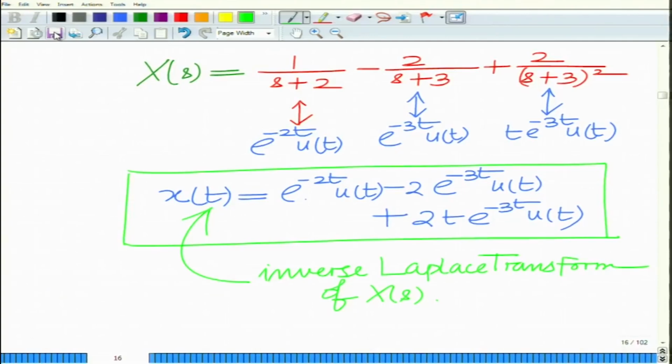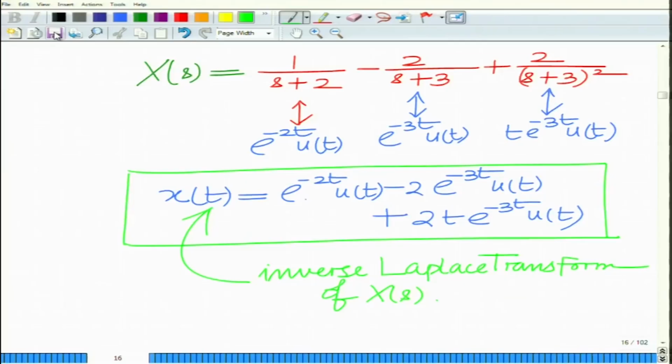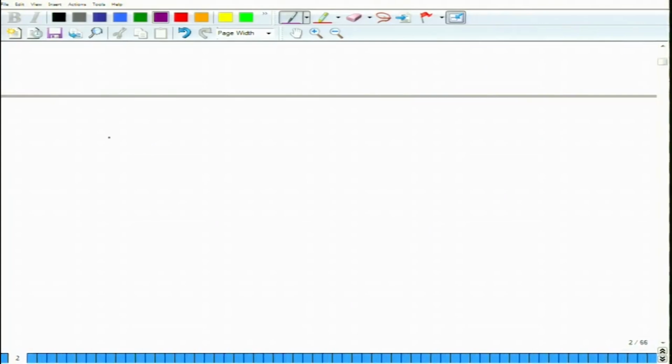This is the final solution, the inverse Laplace transform of the given Laplace transform x(s), which is a rational function with a pole at s equal to minus 3 of multiplicity 2. All right. Let us now look at another example, example number 6.